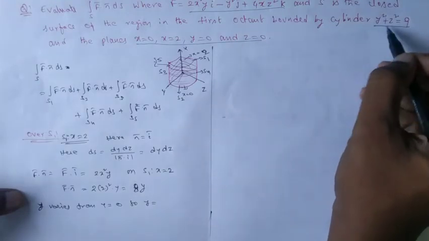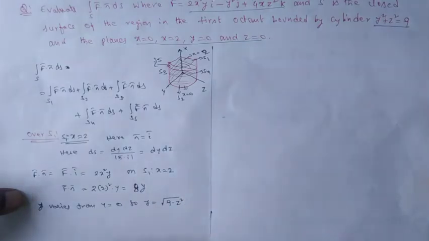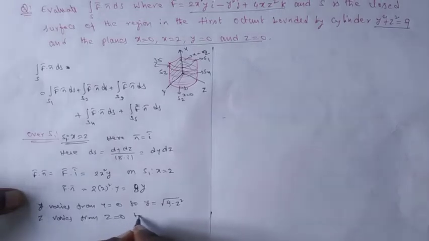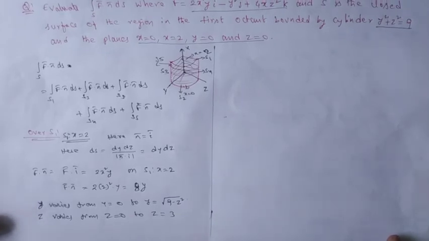So y equal to 0 to y equal to square root of 9 minus z square, isn't it? And z varies from z equal to 0 to z equal to 3. I think you can understand how to write these values.